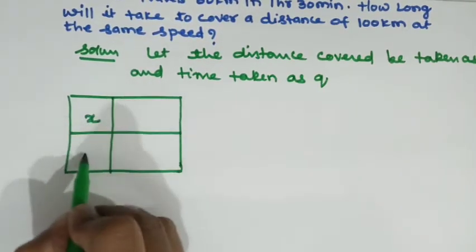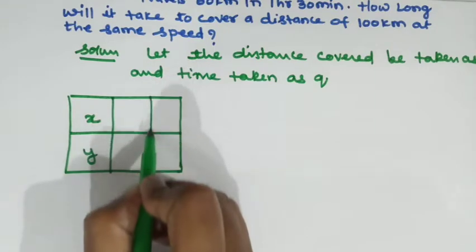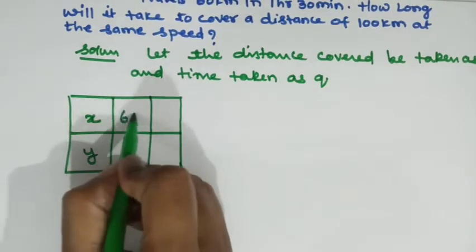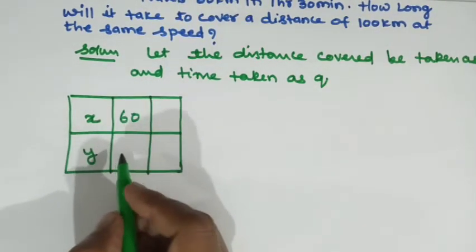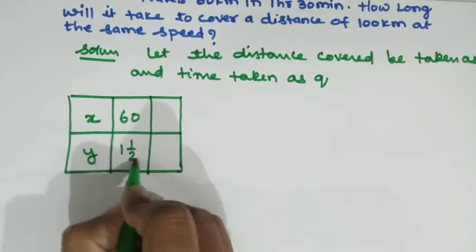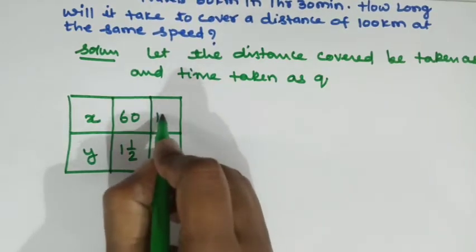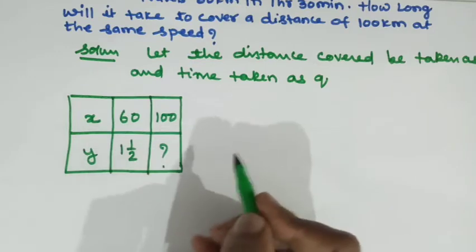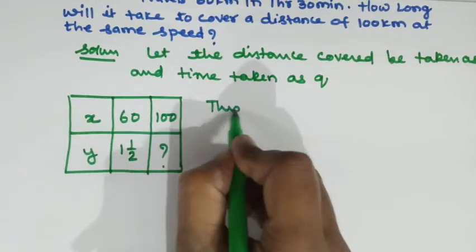X is your distance, Y is your time. Now see, 60 kilometers in 1 hour 30 minutes means 1.5 hours. So if you are going to take 100 kilometers, how much time? So this is the case of direct variation.